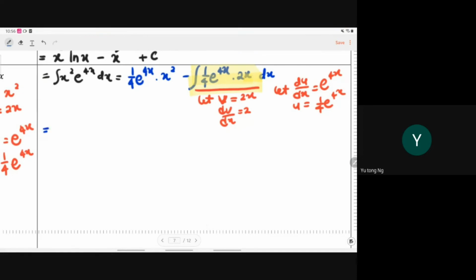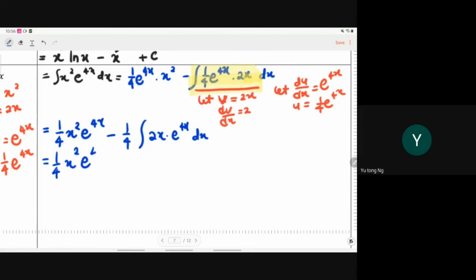So, rewrite again. 1 over 4 x square e for x. Usually we put x square in front. Minus 1 over 4, we take out the constant, 2x dot e for x dx. Then we substitute back: 1 over 4 x square e for x minus 1 over 4.